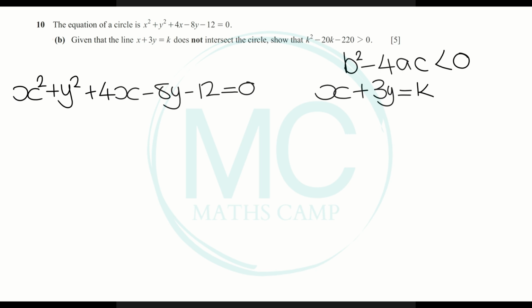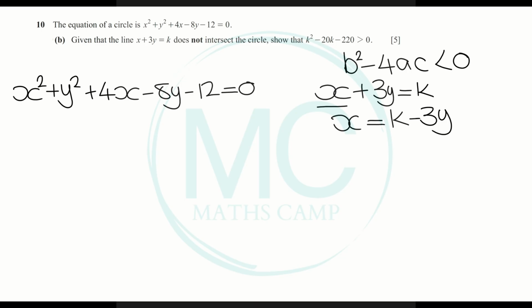But if we make these equations equal, we're going to create an equation with x and y variables. So to make it easier, the equation of the straight line has an x term without a coefficient, so let's make it the subject. And I can say x is equal to k minus 3y.